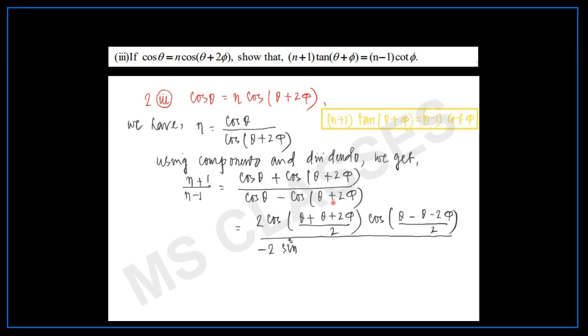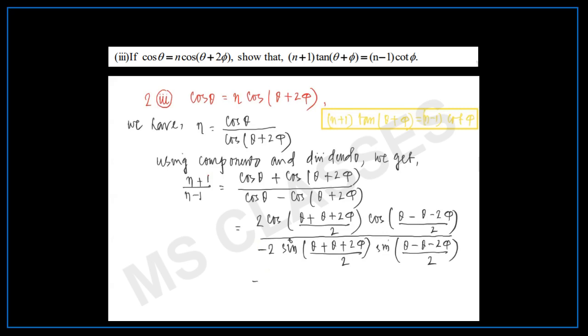It is minus 2 sine of C plus D by 2 into sine of C minus D by 2. This is what we get. Now here 2 cancels out.